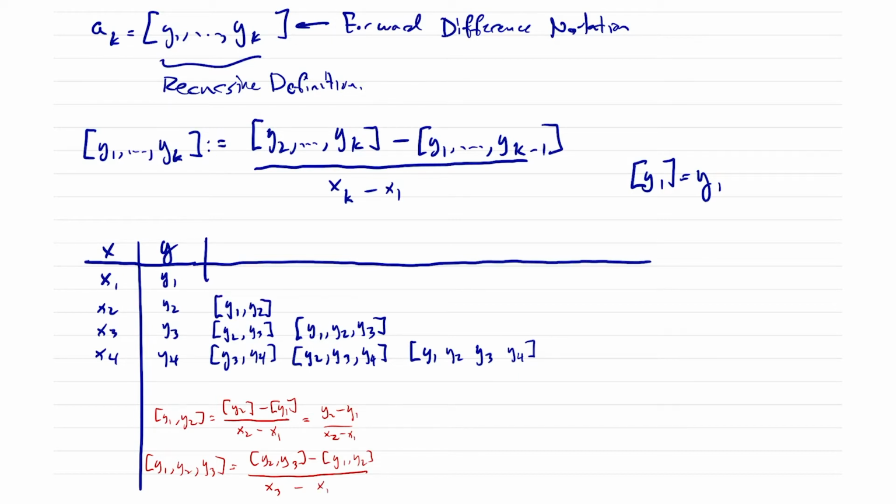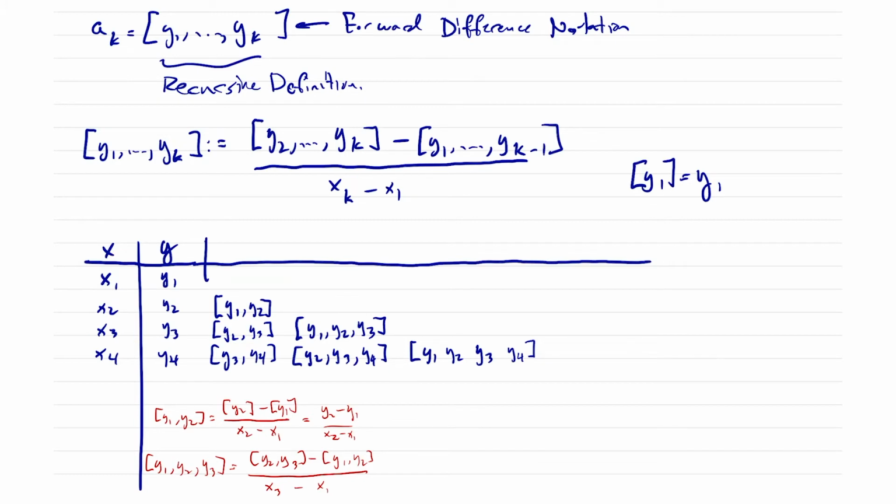Okay, so now to compute this term, I need to take each of these two terms and take their difference, and then I need to take x3 and I need to take x1.